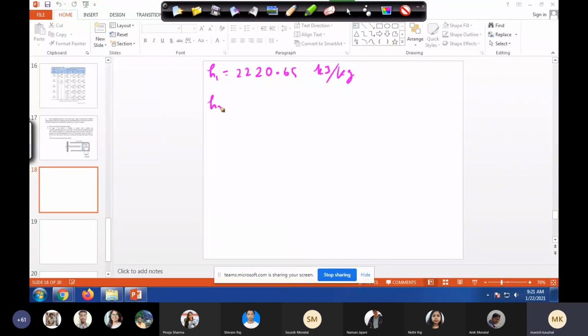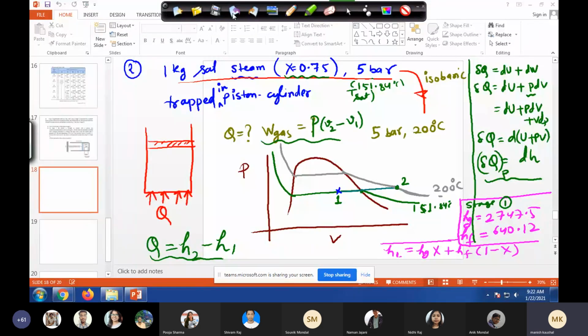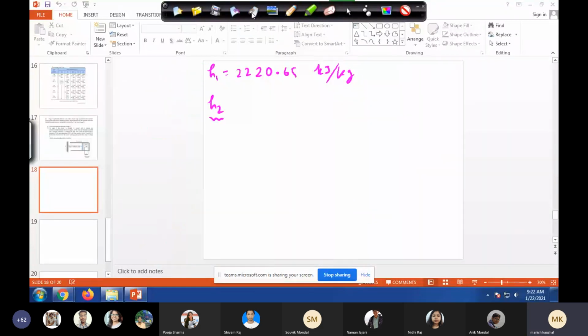Now go to H2. H2 is superheated steam, and what we have is 5 bar 200. Okay, 5 bar 200, superheated steam. Those who have the steam table should also follow me. Those who don't have it yet, or are not trying, it means you are not serious.